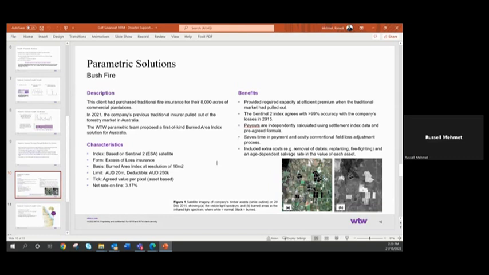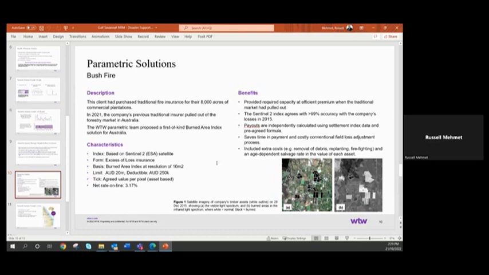Rather than the actual damage caused by the fire being assessed by an adjuster, which takes a long time to work out how much was actually burnt, this process uses satellite. It looks at what undamaged forestry was there prior to the bushfire, and then the reading after the bushfire.